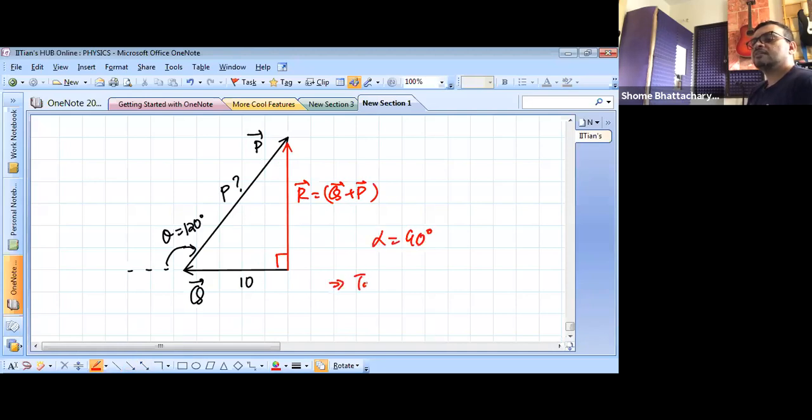So tan alpha, which will become P sin theta upon Q plus P cos theta, that will become P sin 120 upon Q, which is 10, plus P cos 120.